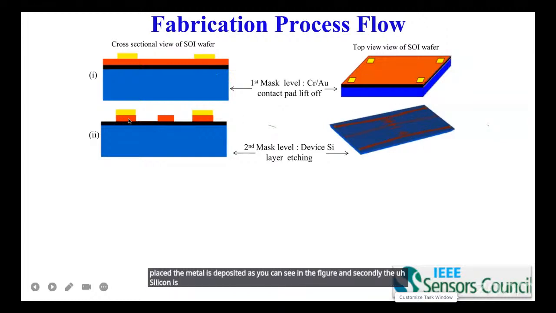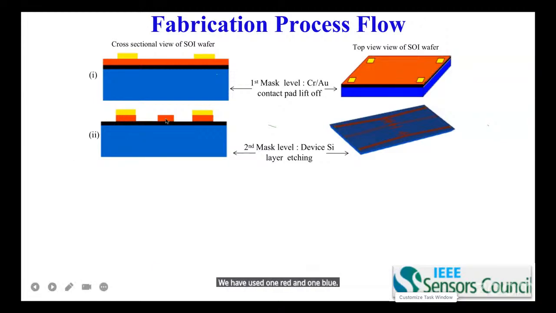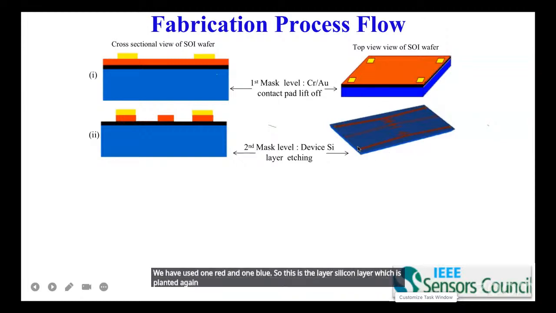As you see, the red color is the top silicon, which is patterned. I have used one red and one blue to differentiate two silicon layers. So this is the silicon layer, which is patterned. Again, when I cut this structure, I'll be getting a look like this. That is why it is showing this way.